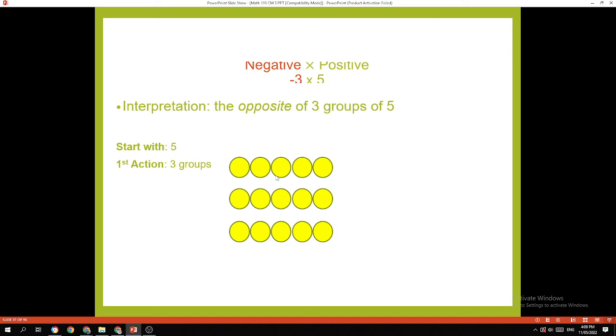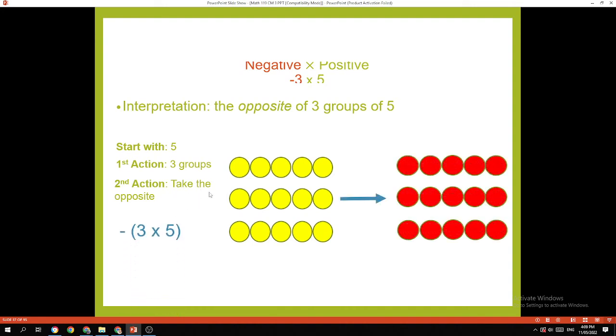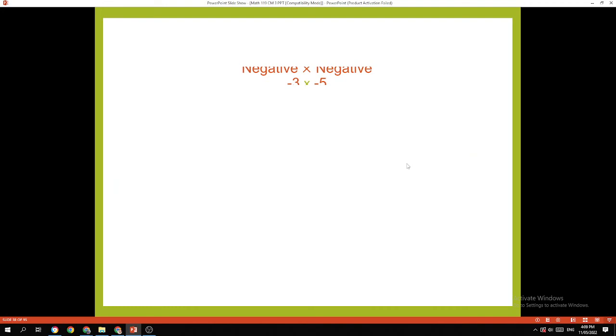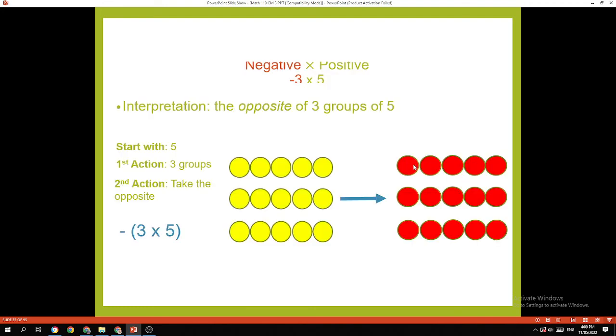So I have here 3 groups. Then take the opposite. What is the opposite? It becomes red. So if it's red now, it's negative. Counting 1, 2, 3, 4, the answer is negative 15.